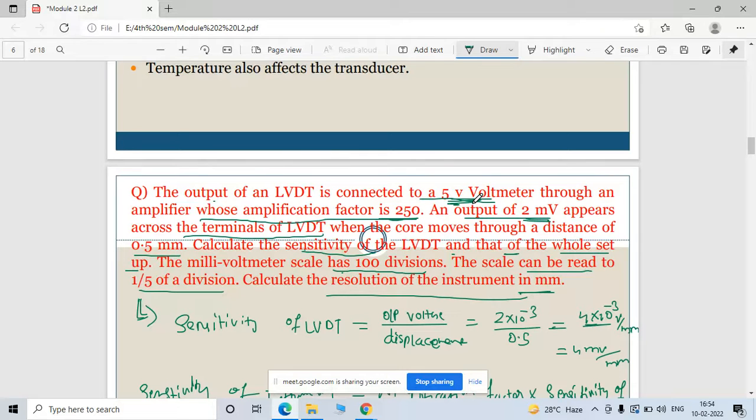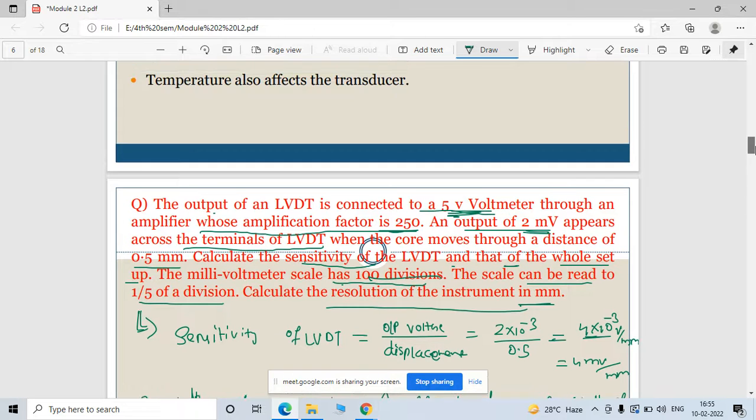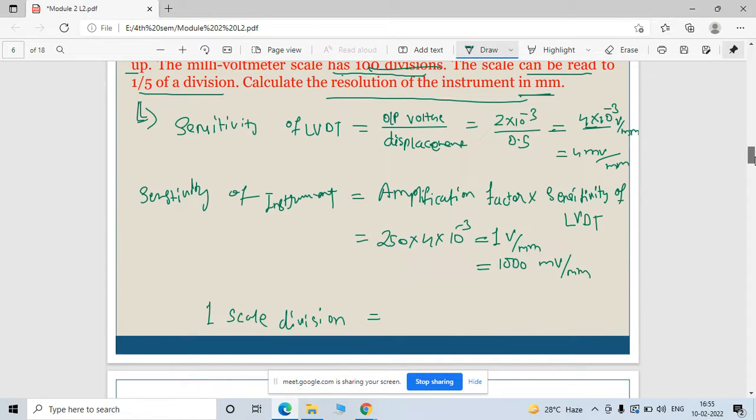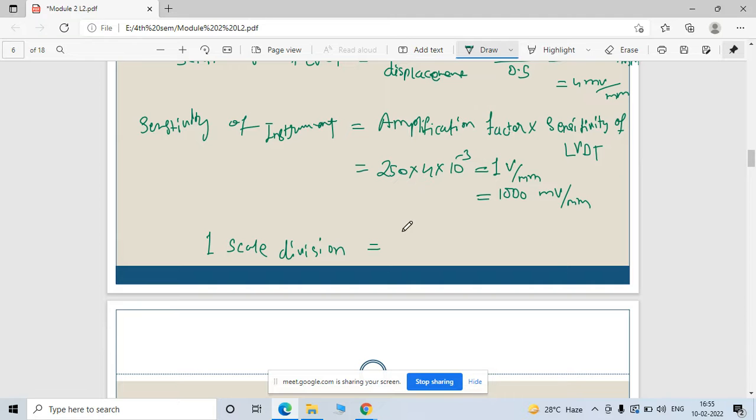Okay, so 5 volt is your voltmeter reading, and the number of divisions for this instrument is 100 divisions. Okay, so 5 volt divided by 100, that is one scale division, which is 0.05 volt, 50 millivolt you can say. So convert into millivolt. So one scale division is nothing but your 50 millivolt.